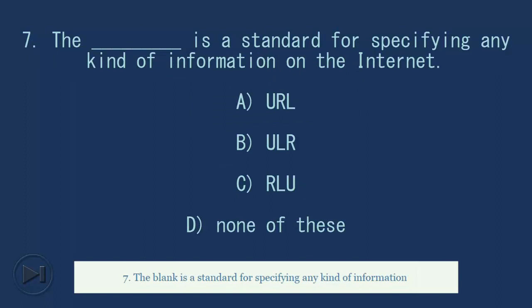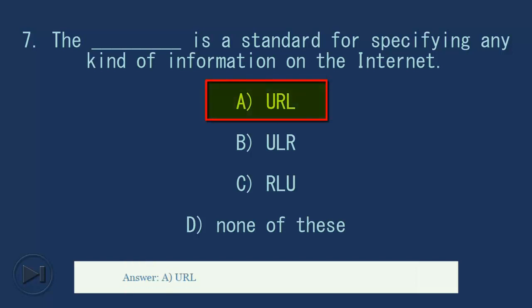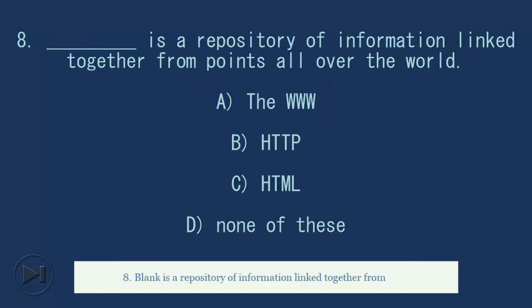The blank is a standard for specifying any kind of information on the internet. A. URL. B. ULR. C. RLU. D. None of these. Answer, A. URL. 8. Blank is a repository of information linked together from points all over the world.